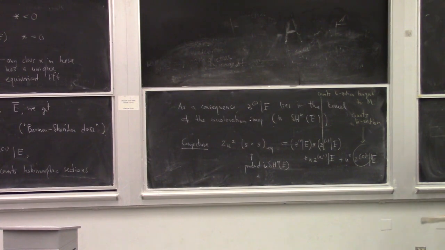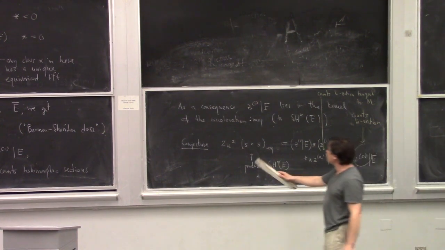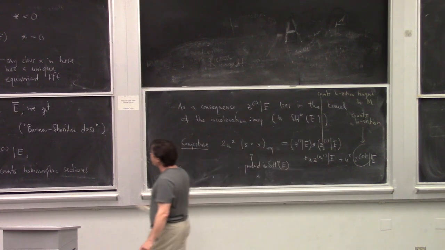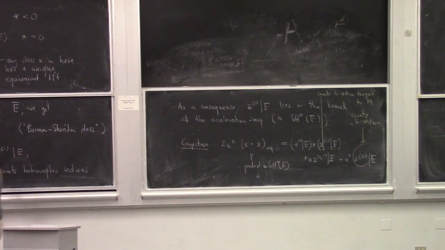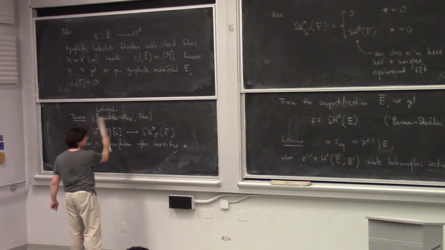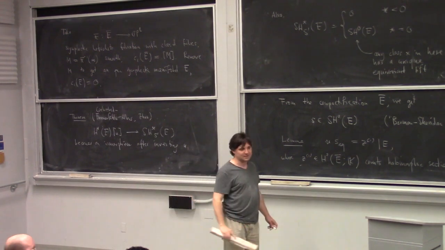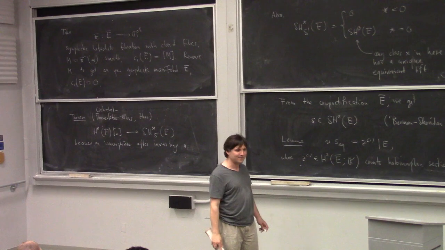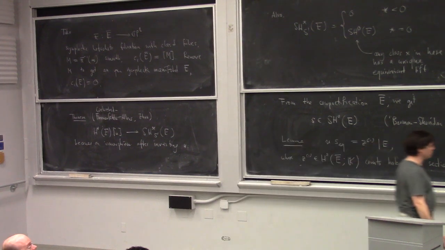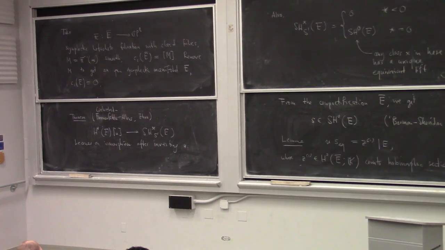Okay? So this answers part of these questions that I had, in that since we have this class here, it gives rise to certain cohomology classes in here, which are, maybe not surprisingly, enumerative invariants, Gromov-Witten invariants of the base. But it's still interesting to ask which Gromov-Witten invariants they are. Okay.